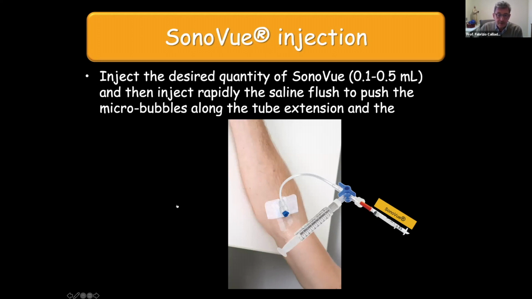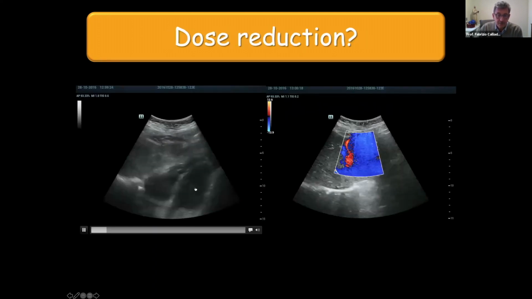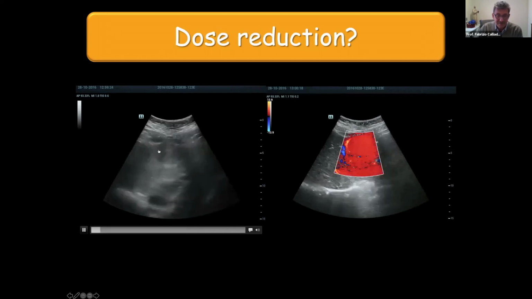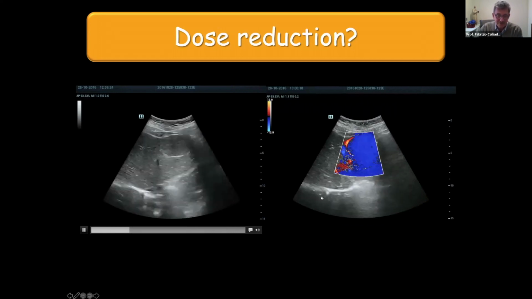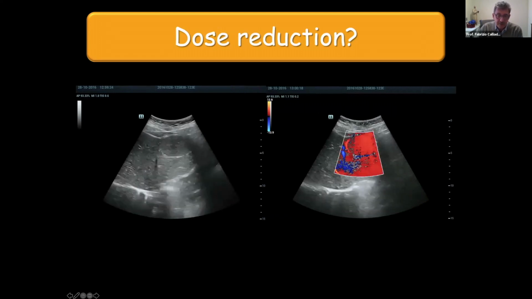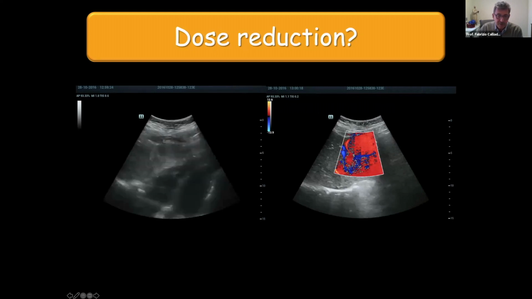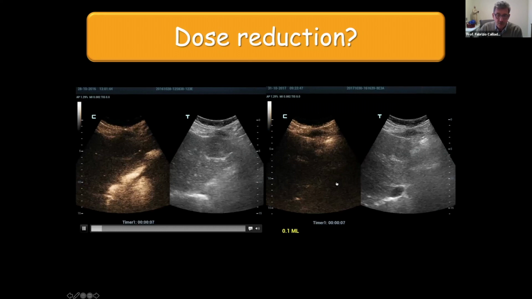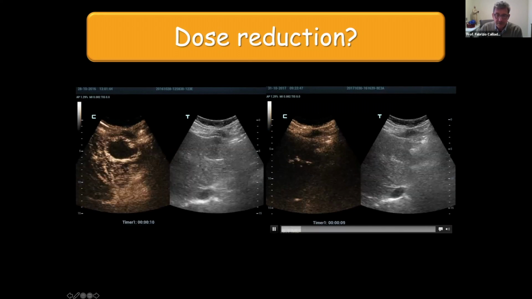And now we look at one of our cases. This angioma is well known, even if the B-mode image and color are not really helpful. And look what is happening at normal injection, 1 milliliter, and 0.1 milliliter.